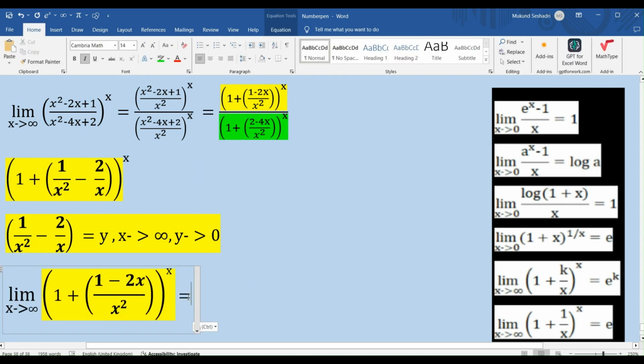So if I want to relate it to the formula on the right, which is 1 plus x the whole power 1 by x, right? Which is nothing but 1 plus.